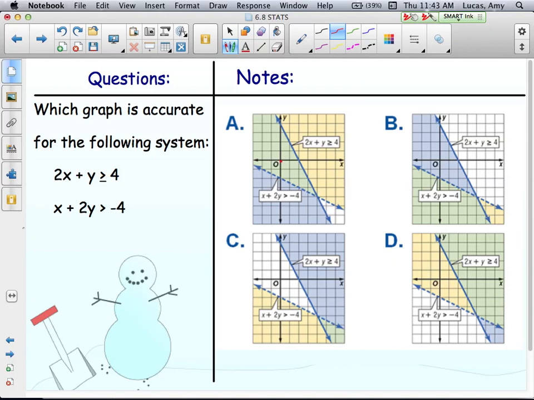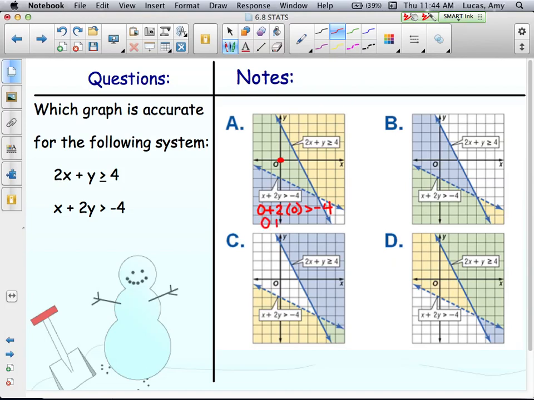So my favorite point to use is 0, 0, and I noticed that on letter A, that is part of the green, blue and yellow make green, the green shaded region. So if I substitute 0, 0 into both of these inequalities, I am going to see if that is in fact a solution.